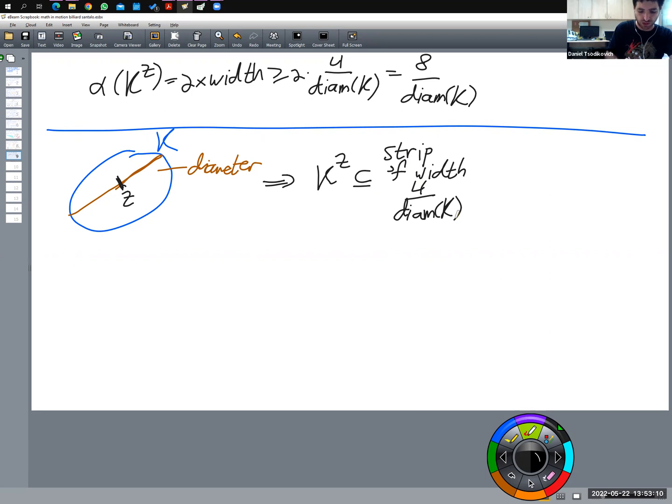Because again, in the dual, this segment will become a strip. So if K contains this segment, its dual is contained inside the dual of a segment, which is a strip. And this means that alpha Kz is less than or equal to the width of the strip times 2, so 8 over the diameter of K.